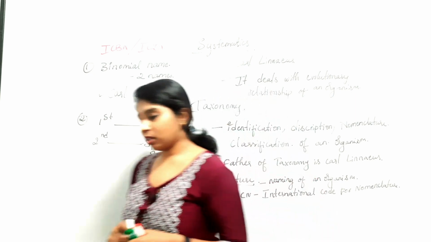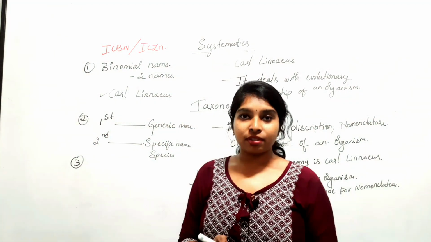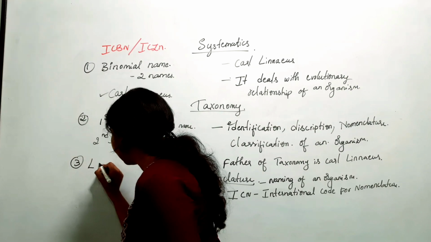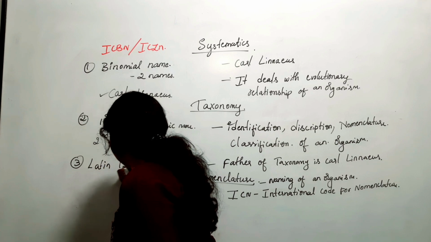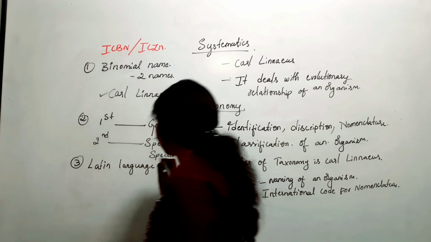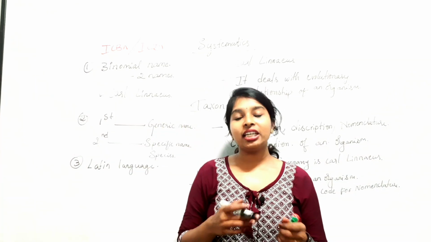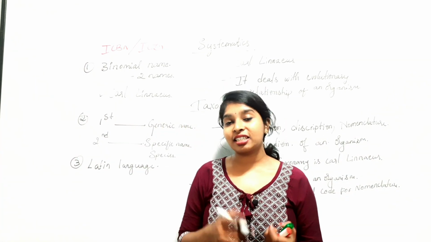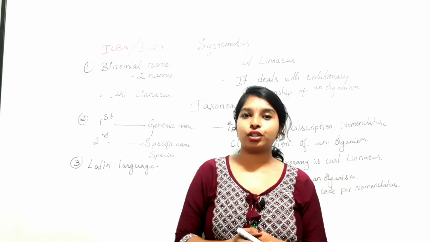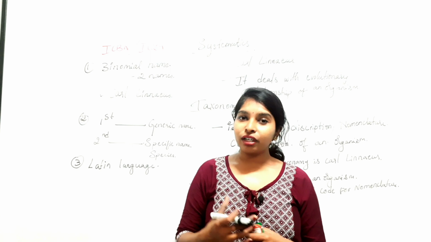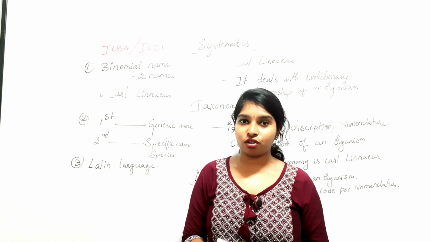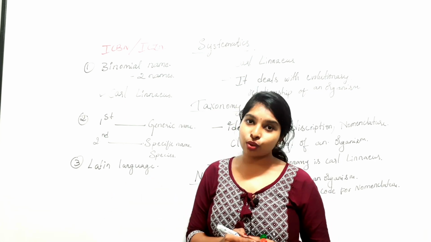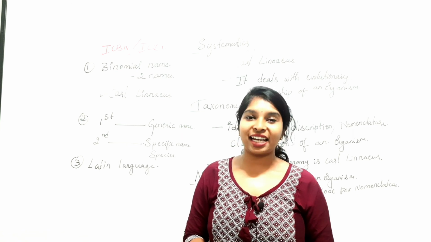The third principle is that the scientific name should be in Latin only. Why? In English, synonyms might change generation after generation. But in Latin, once a word is formed, it will not change. For that purpose, Latin is used for naming organisms scientifically.